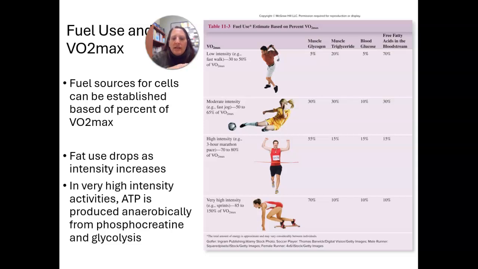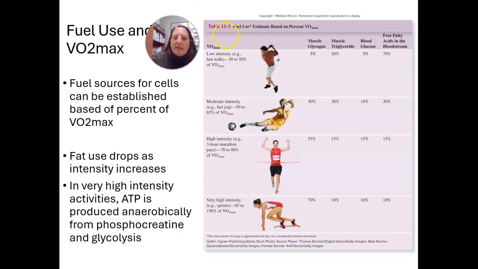Fuel sources for cells can be established based off of the percent VO2 max. And so fat use drops as intensity increases. We just saw that in the previous slide. And in very high intensity activities, ATP is going to be produced anaerobically from phosphocreatine and from carbohydrates, from glycolysis.